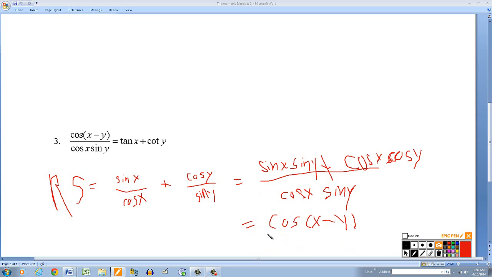So in the bottom then I would just have cosine of x sine of y, and that proves it. Just a matter of rewriting tangent of x as sine of x over cosine of x, cotangent as cosine of y over sine of y, and using basic algebraic techniques to combine that over a common denominator, and we get the result.